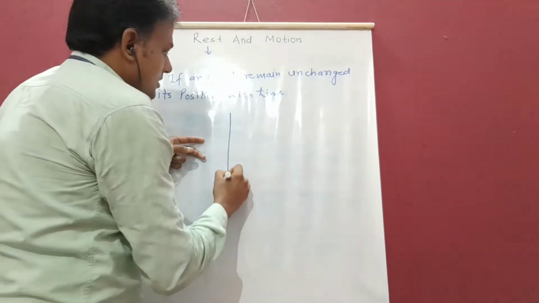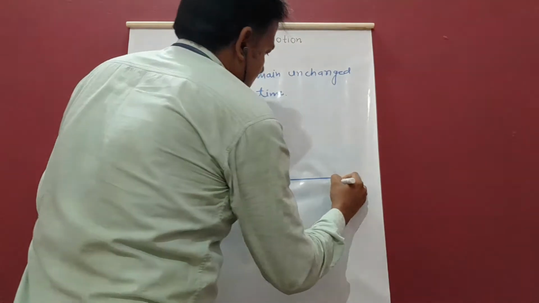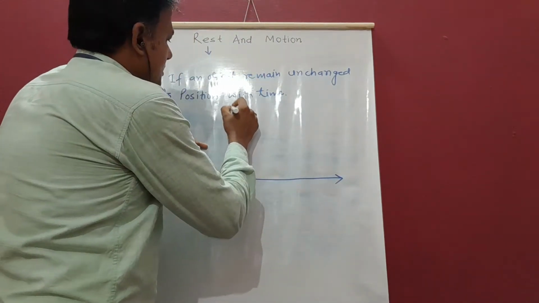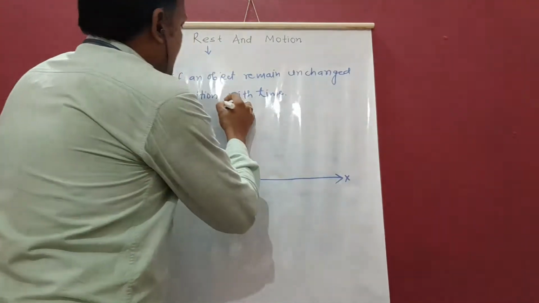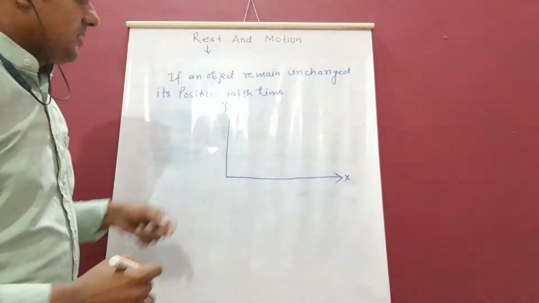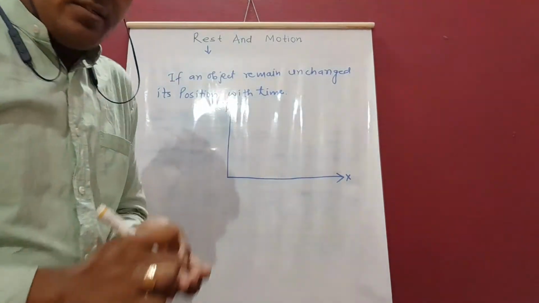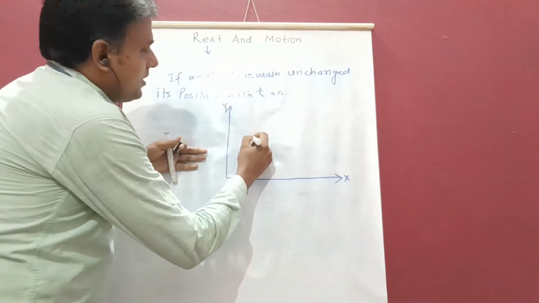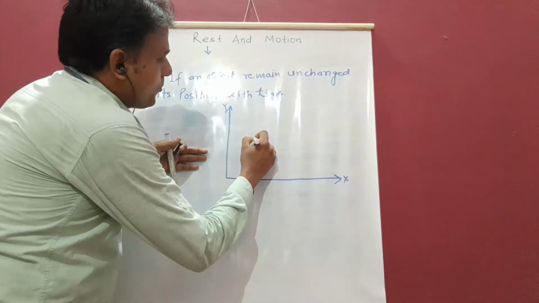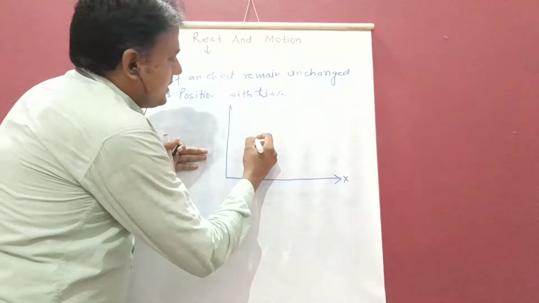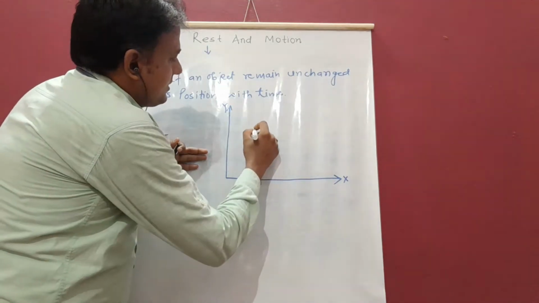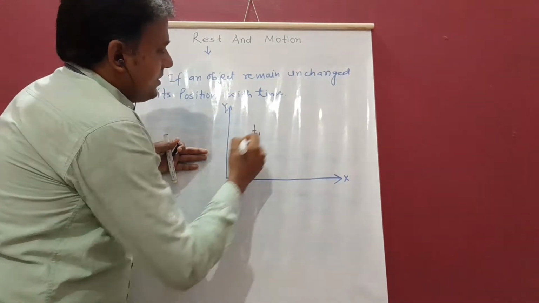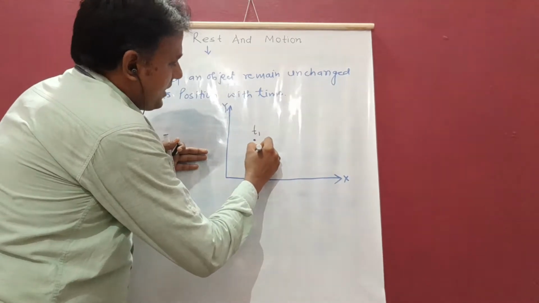Suppose this is a coordinate axis represented by x and y, and here the position of an object at time t1 is x1.